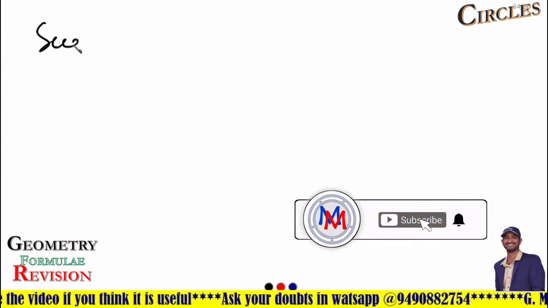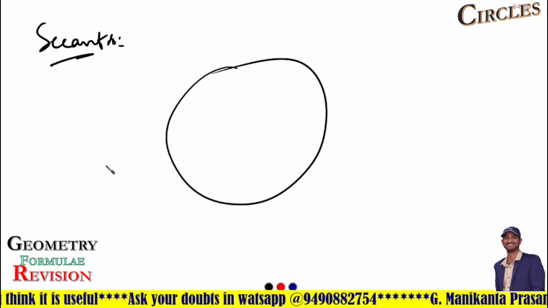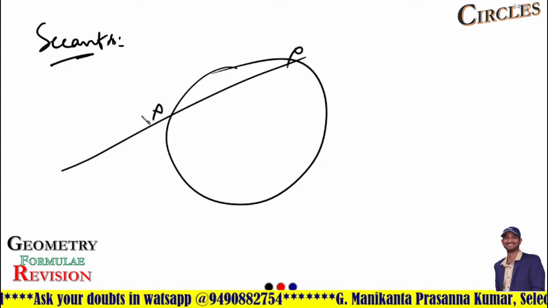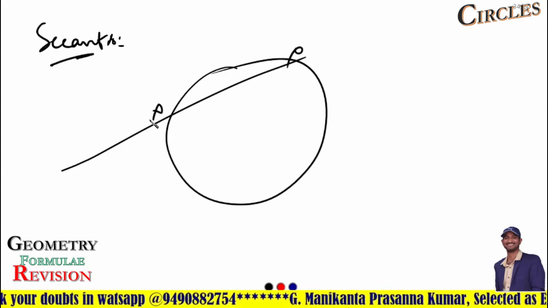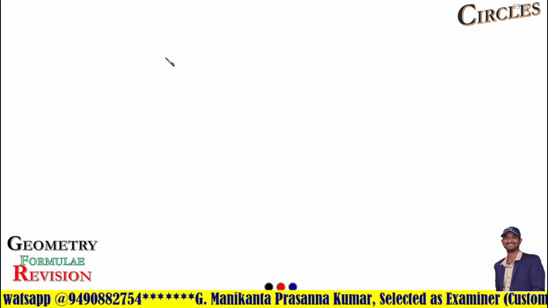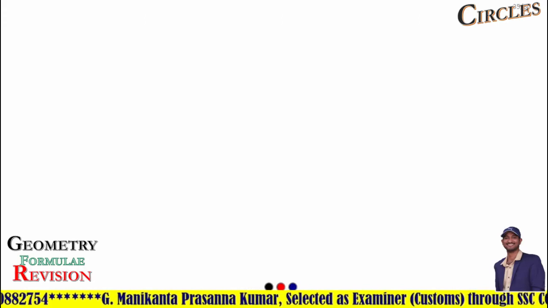Next is secants. Secant means it is a line drawn from the external point of the circle, and if it intersects the circle at 2 points, then we call it as secant. So properties of secants: these are external intersecting chords.